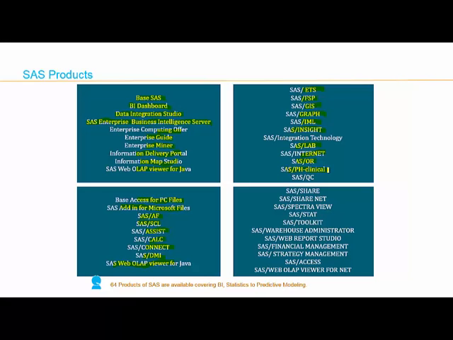For clinical applications, we have a tool called PH Clinical. To perform quality analysis, we can use SAS/QC. Similarly, we have various tools used for various purposes. These are the most widely used tools for your enterprise applications and also for your standalone applications.